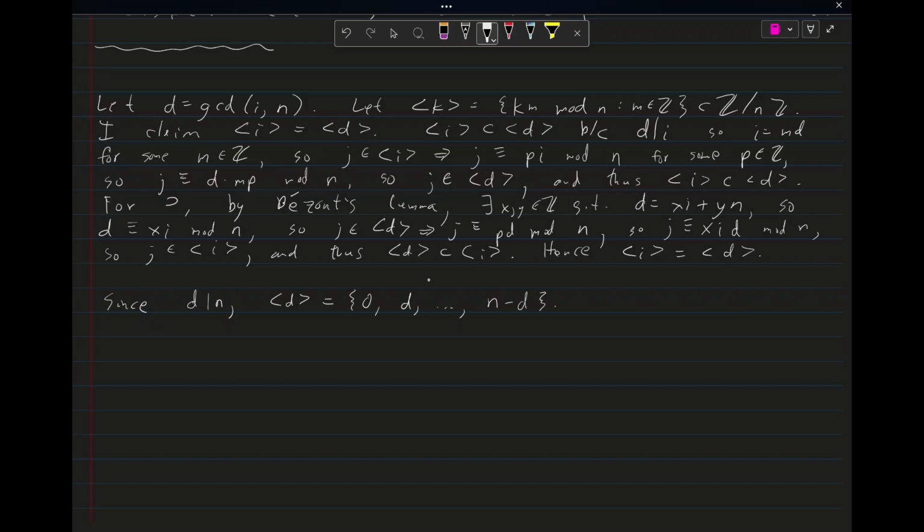So now what do we have? Let D plus J be equal to all numbers of the form dm plus j mod n, where m is an integer. So these are going to be in Z mod NZ.